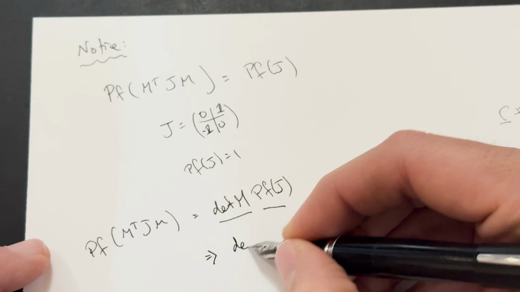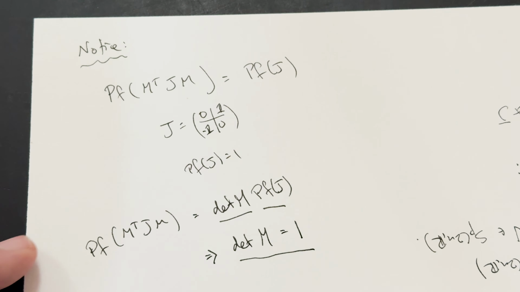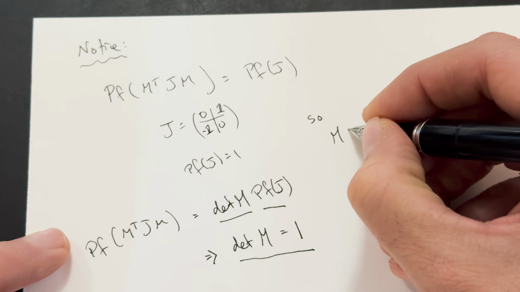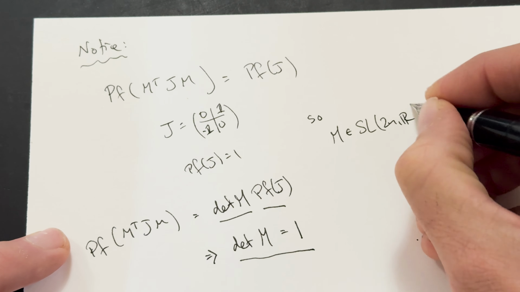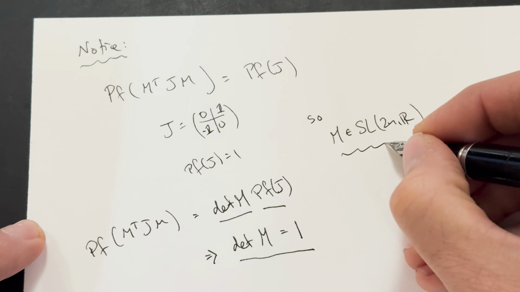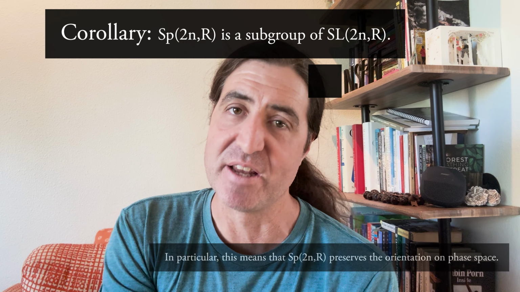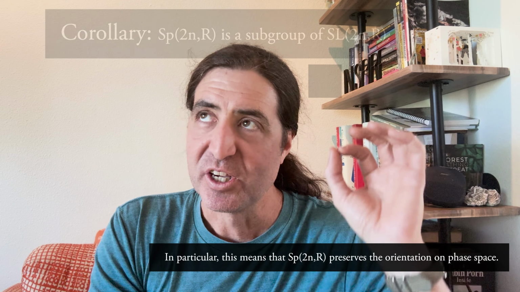So in other words, the determinant of M times the Pfaffian of J is equal to the Pfaffian of J, which means that the determinant of M is necessarily 1. And so we have shown that the group of symplectic matrices Sp(2n,R) is a subgroup of SL(2n,R), the special linear group, the group of matrices that have a unit determinant.